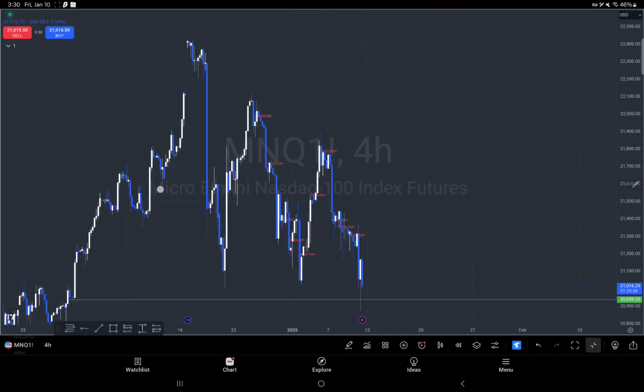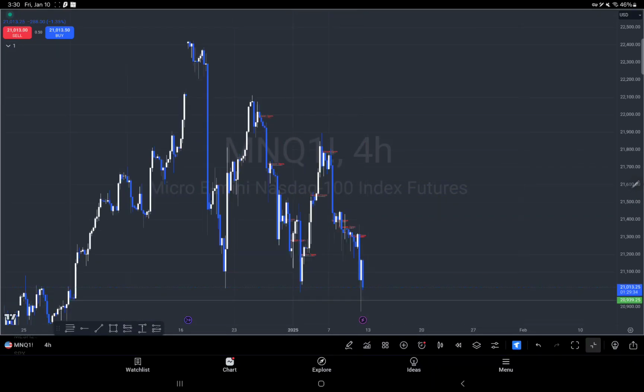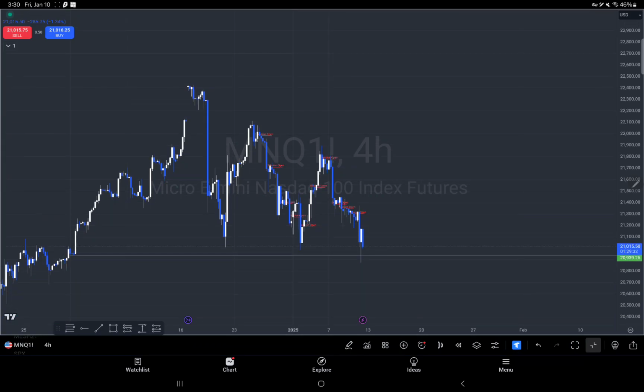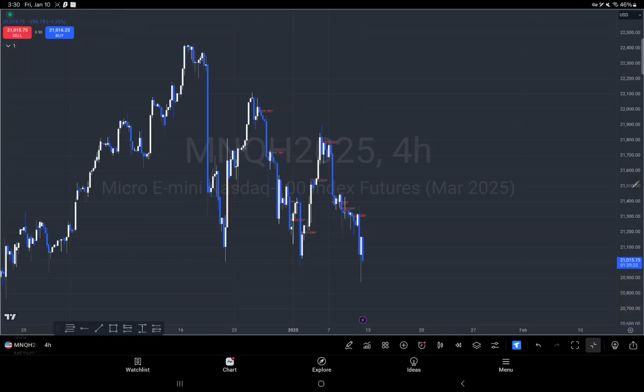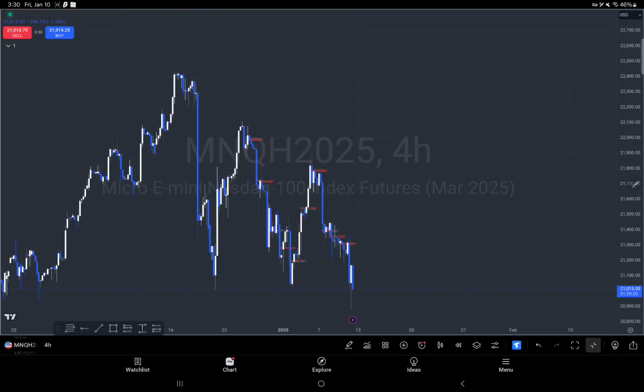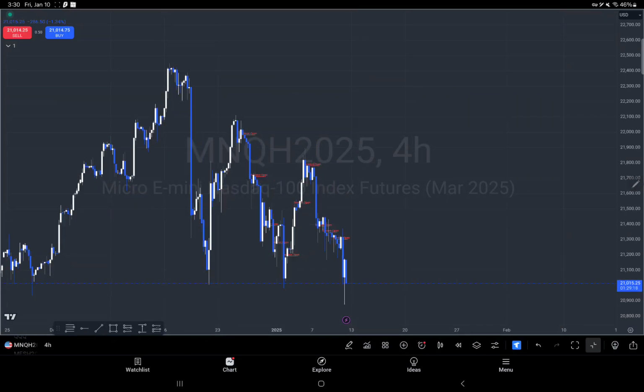So now let's look at what we got here. So we got the lower lows and higher highs, etc. We're missing some data here, so I'm going to go to the current chart for March. So this lets me know that at least on the short term, we are reversing. Why is that?